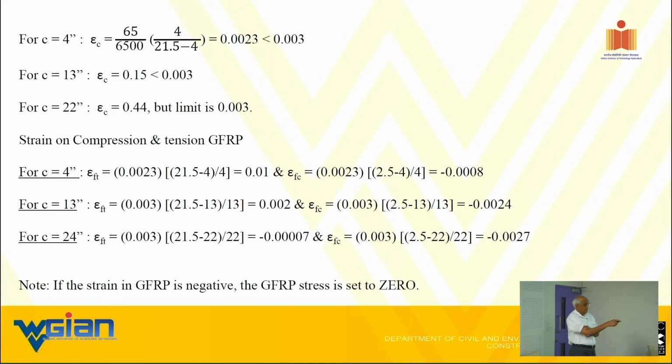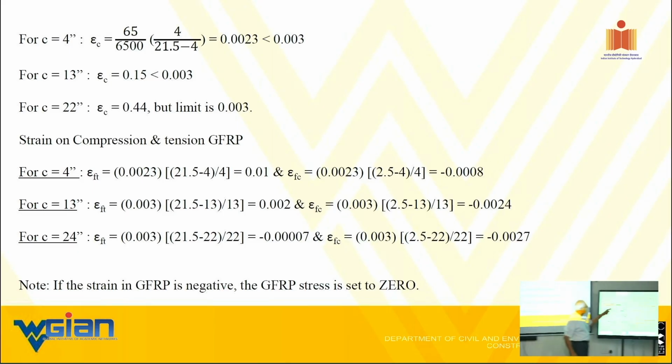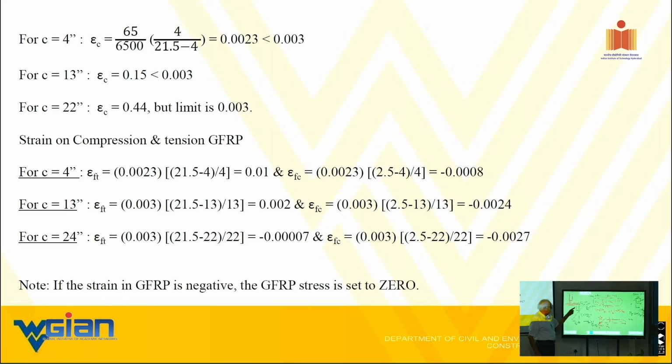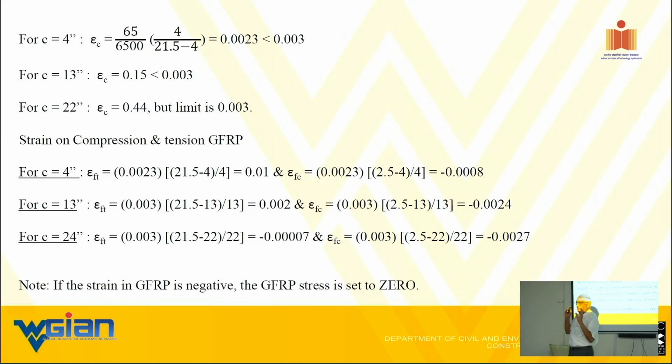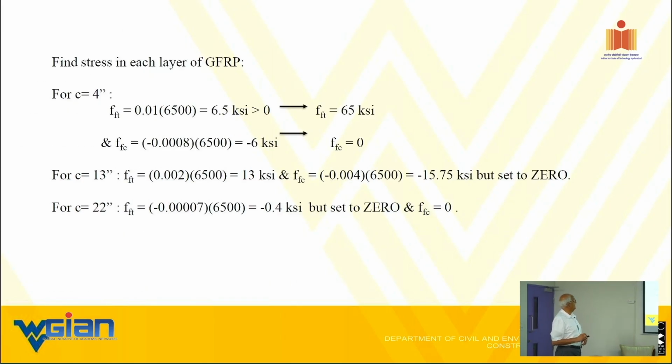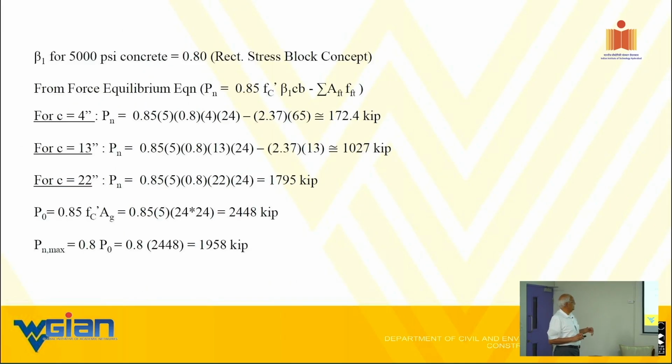If this C is 4 inches, 16 inches, or 22 inches, what is the corresponding bending moment? That's what I'm trying to find out. There's a procedure, I'll explain that carefully tomorrow.